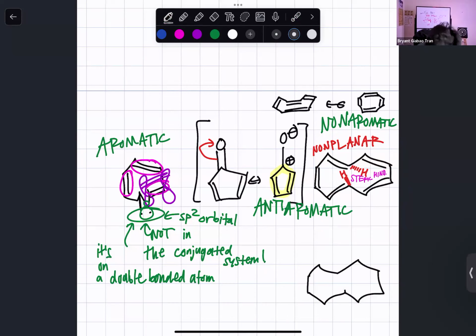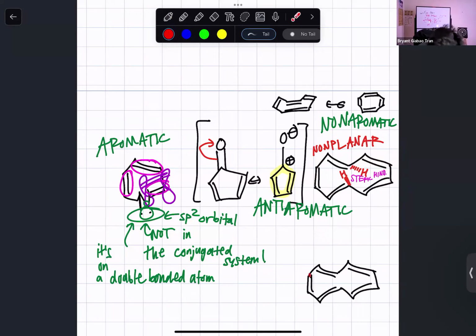Let's say one, two, three, four, five, six, seven, eight, nine, 10. A 10-carbon membered ring.